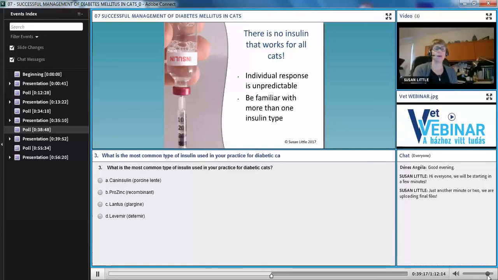And then the two human insulins that also get used, Lantus, brand name, glargine insulin, and then Levemir, the brand name, which is detemir insulin. Okay, so we'll just give another minute there and see what you all say.